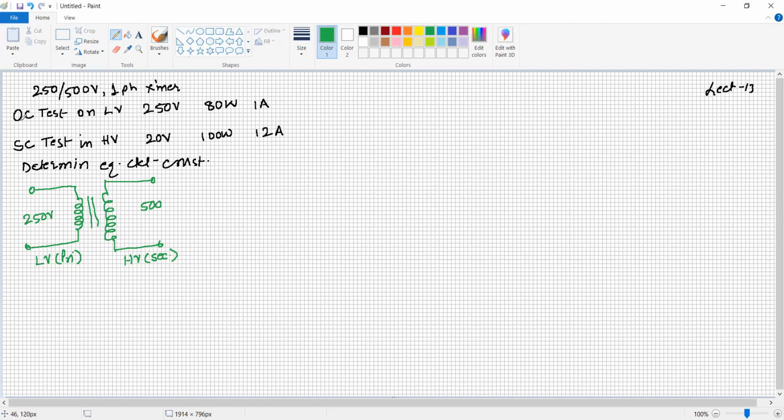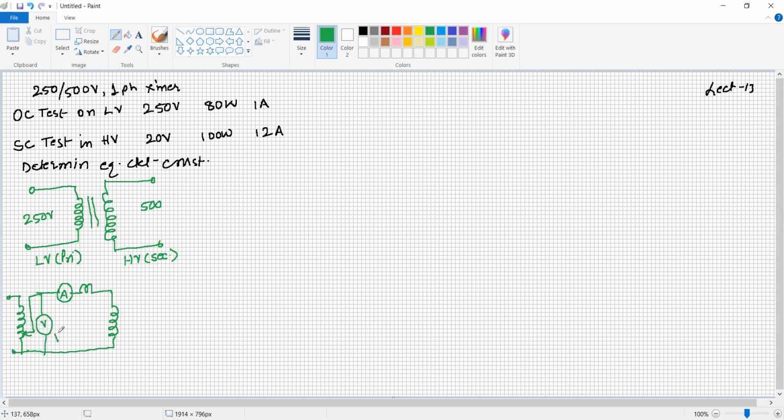Now the test is conducted on LV side. So it is the primary side and the secondary side is kept open. So simply, here it is a wattmeter, and LV side through auto transformer, and this is your voltmeter.